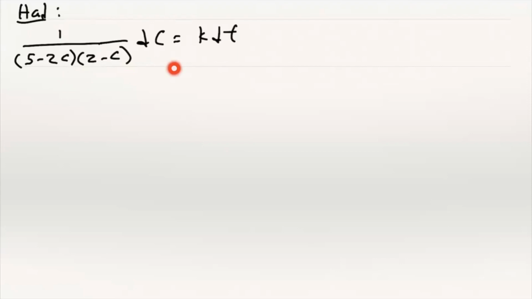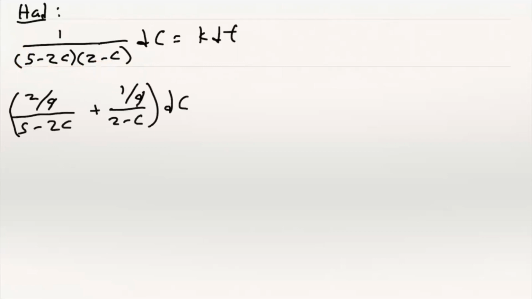So this was the differential equation we had. We want to integrate both sides, and to do that, we wanted to rewrite that integrand as a sum of two nicer fractions. And this is (2/9)/(5 minus 2c) plus (1/9)/(2 minus c), dc equals k dt. And then we wanted to integrate both sides of that. The variables are fully separated after all. And this first part is not bad to integrate.